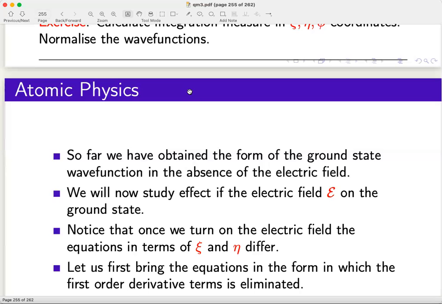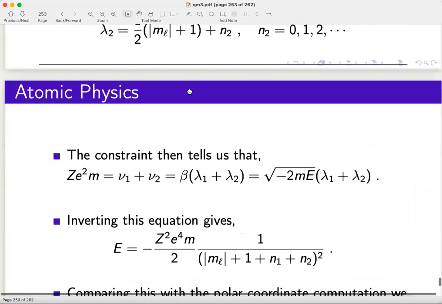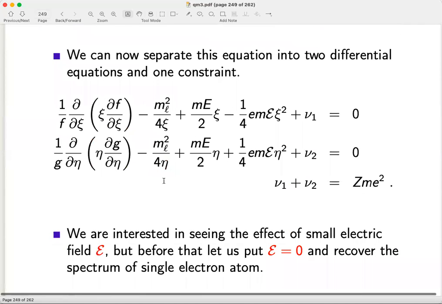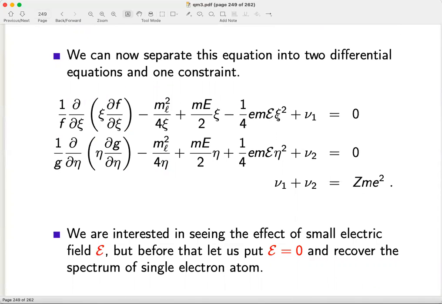Okay. So now let's go back. I had kind of pointed it out, but let's look at it once again. When the electric field is non-zero, then these two equations are not identical because there is a -1/4 factor with E times xi squared and a +1/4 factor with E times eta squared. So whatever advantage we had in the absence of electric field is lost simply because these two equations are not identical.